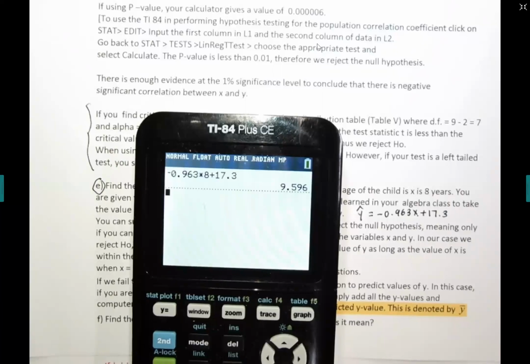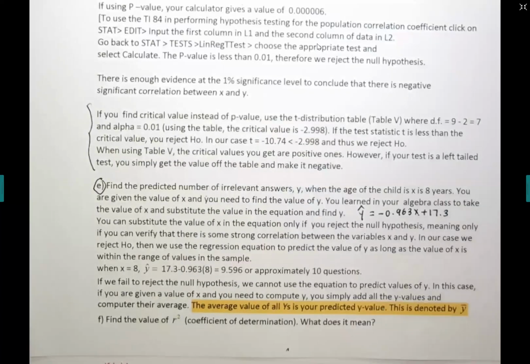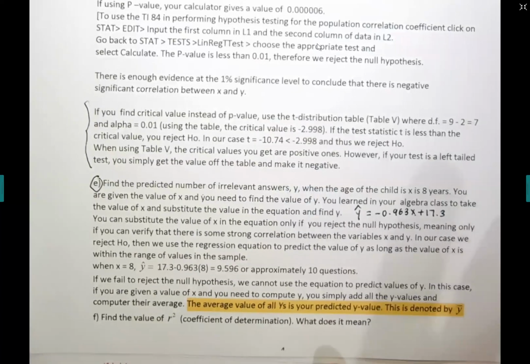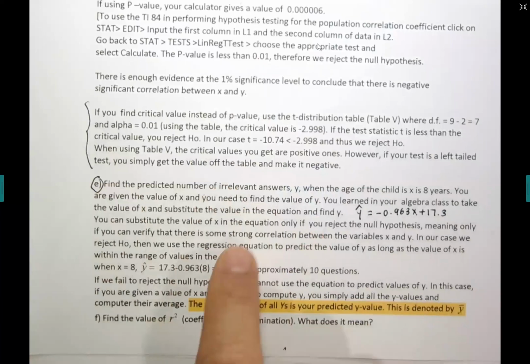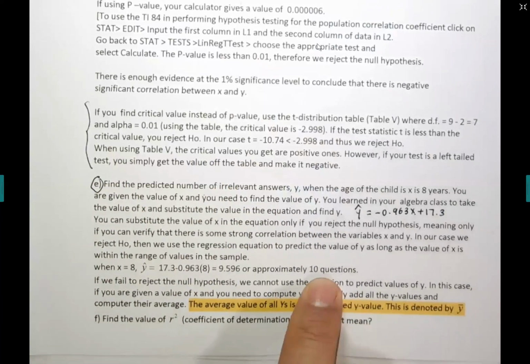And I get 9.596. If you want to round this to whole numbers, because number of responses should be a whole number, I would say 10. So the number of irrelevant responses is about 10 responses right here. So all that explanation, guys, I did is just to come up with that.